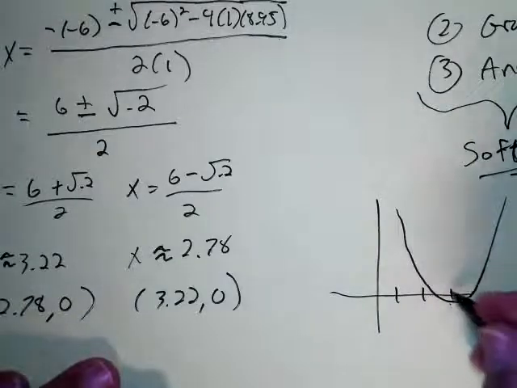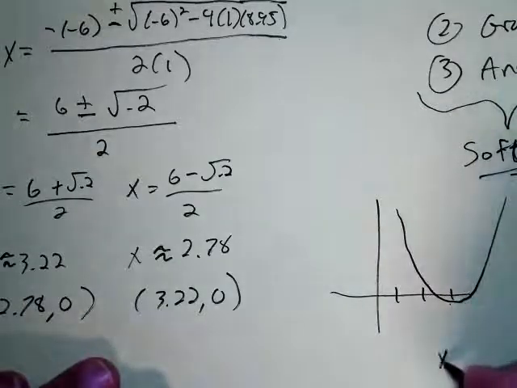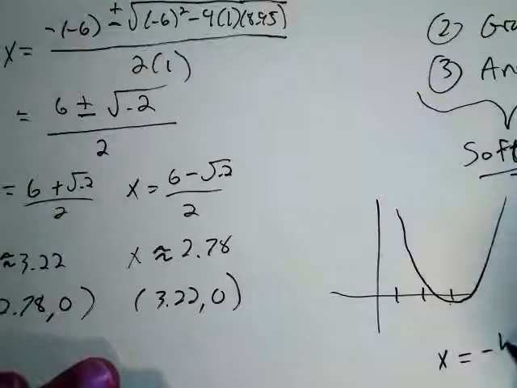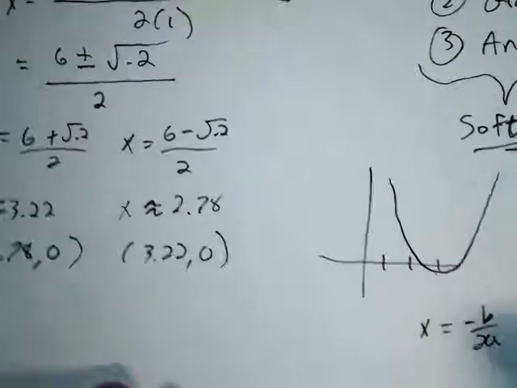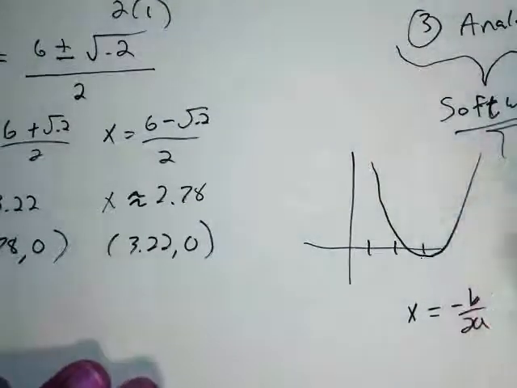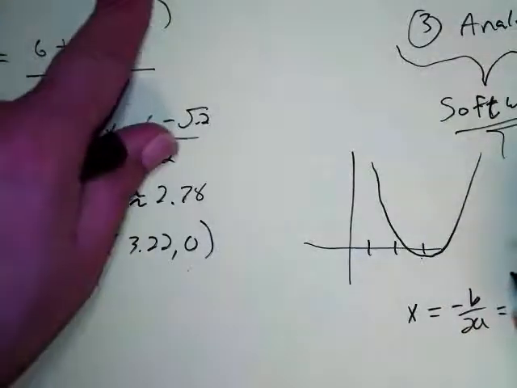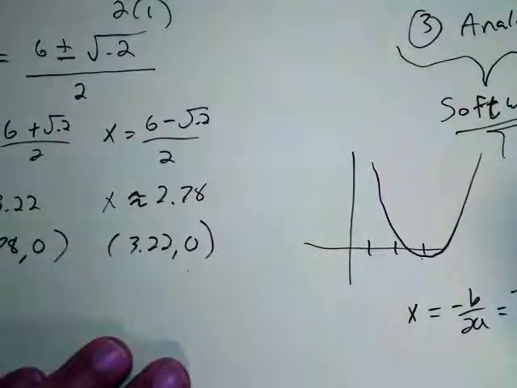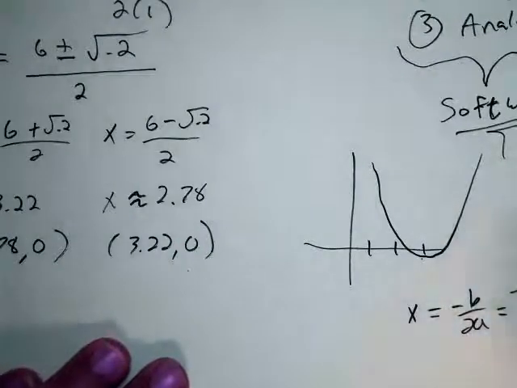And if you remember, this occurs at the opposite of b over 2a. That's where the minimum is going to occur in this case. So the opposite of b, that's the opposite of negative 6 over 2a, and a is 1. And so this is going to be 6 divided by 2, which is 3.